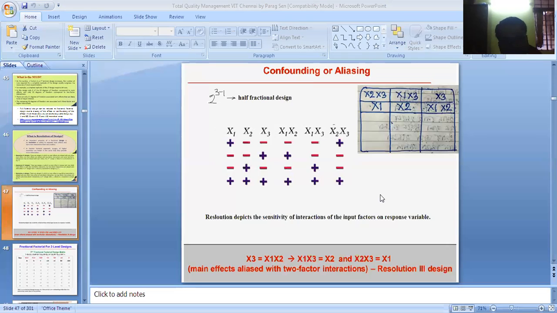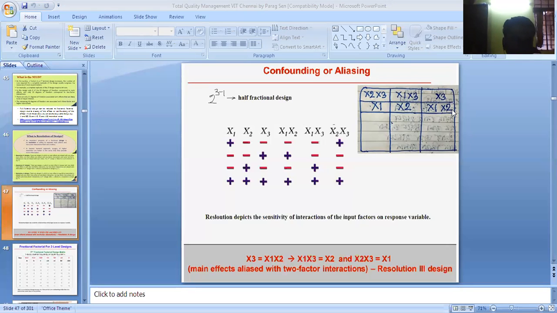Okay, so you can write it in this pattern. Over x1 you can write x2 x3, over x2 you can write x1 x3, and over x3 you can write x1 x2.